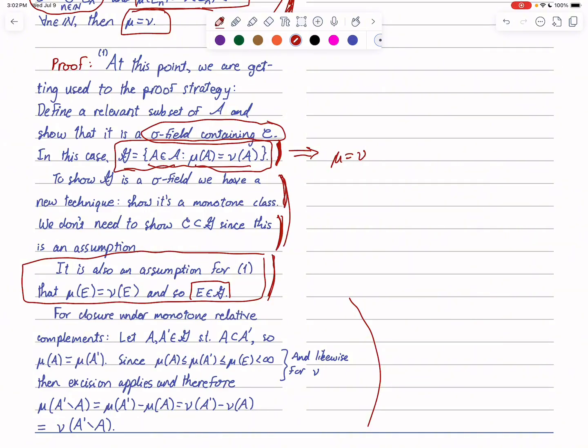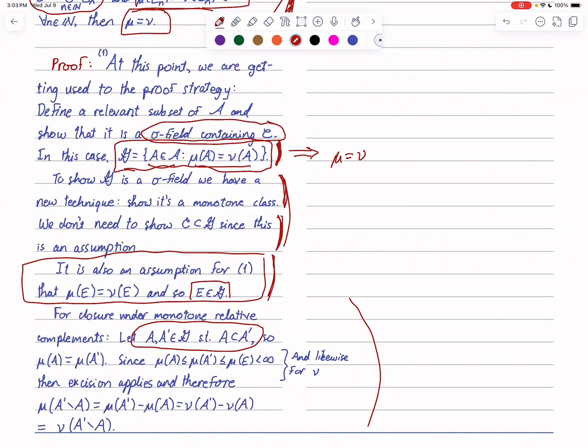So what this property requires is that we take any two things from our collection, any A and A prime from our collection, such that A is a subset of A prime. We want to show that A prime minus A is therefore in the collection. That's the property of a monotone class that we're talking about right now.